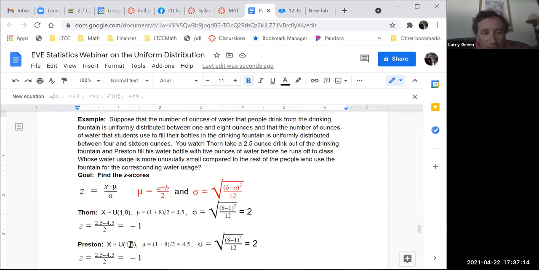We're not uniform between 1 and 8 anymore. Now Preston is filling the bottle. And the bottle, it says, is uniformly distributed between 4 and 16 ounces. So I'm going to take that 1 and 8, change it to a 4 and a 16. Any questions on that?